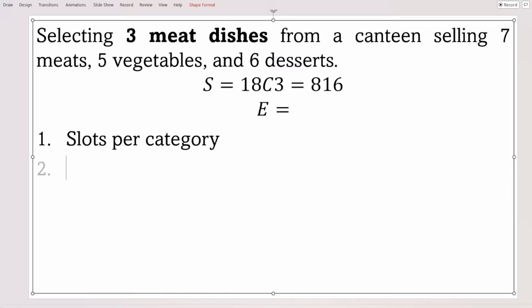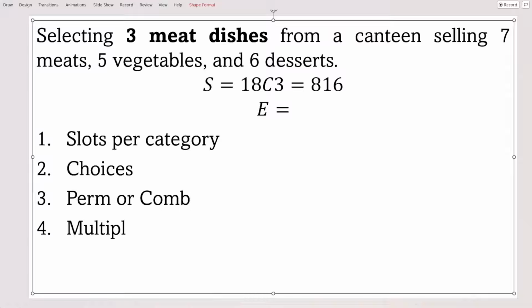After you have determined the slots per category, you determine the choices per category, and then you select if it is a permutation or combination, and then afterwards you multiply the factors or the results.